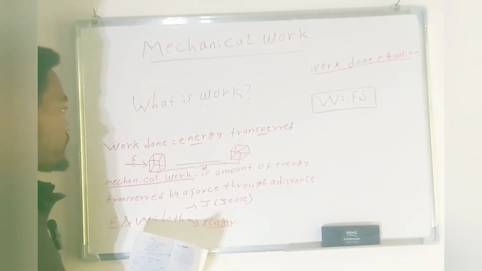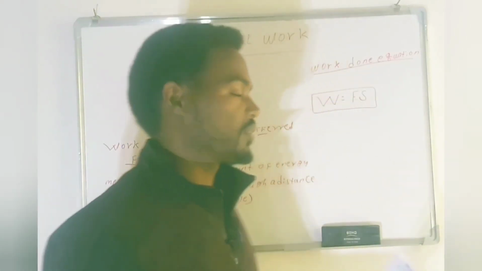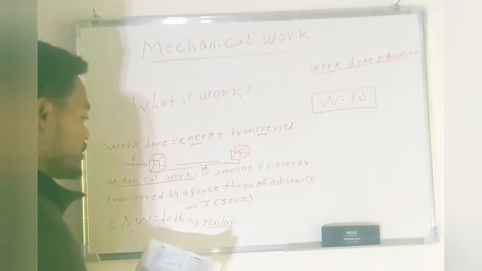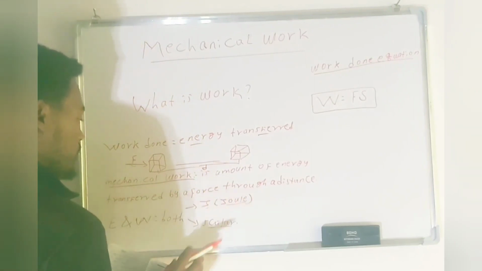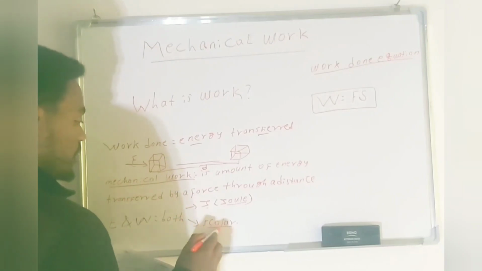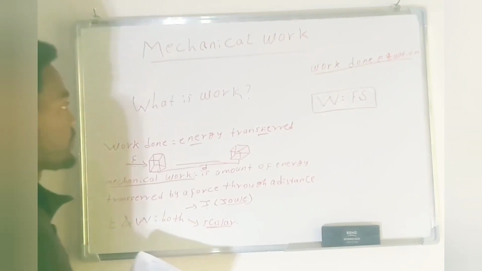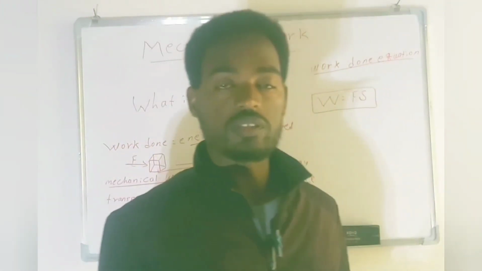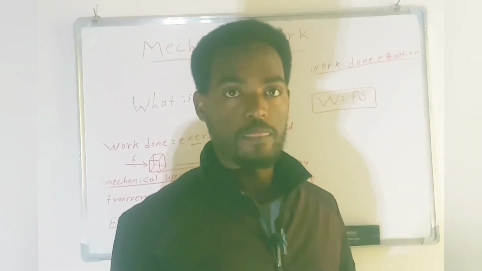So, in work and energy relation, both have the same unit. Their unit is joule, and both are scalar. Both energy and work are scalar. So depending on this, we can now define the mechanical work.